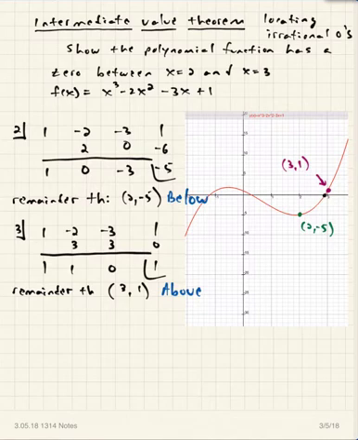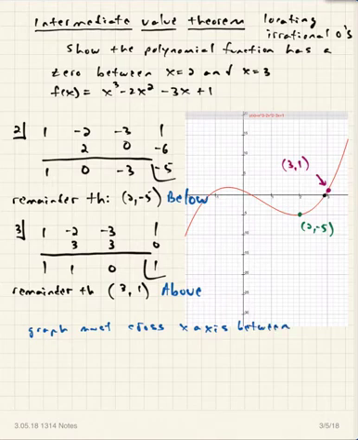The only thing that could happen is that somewhere in between it has to cross. If at one point it's above and at one point it's below, it's got to cross between. So the graph must cross the x-axis between x equals 2 and x equals 3.